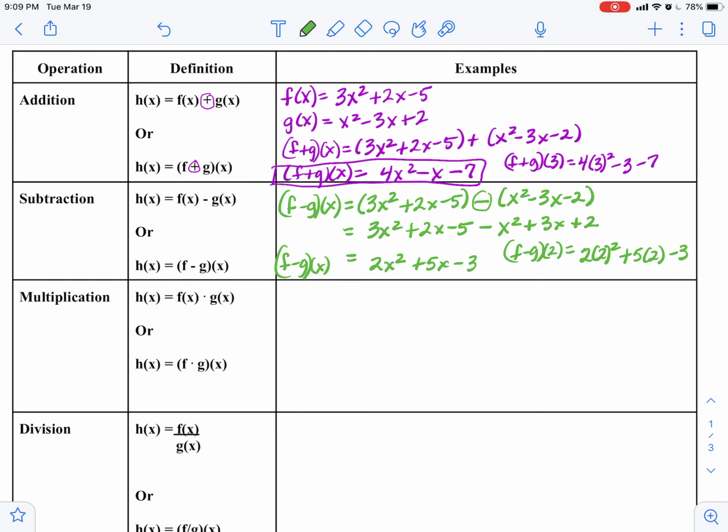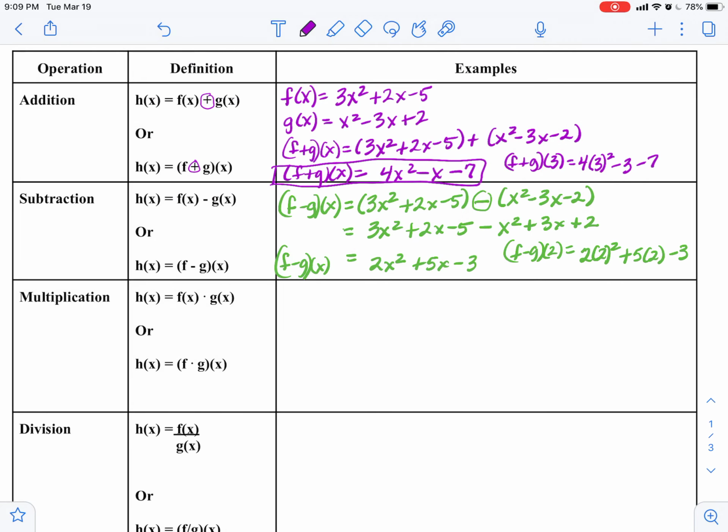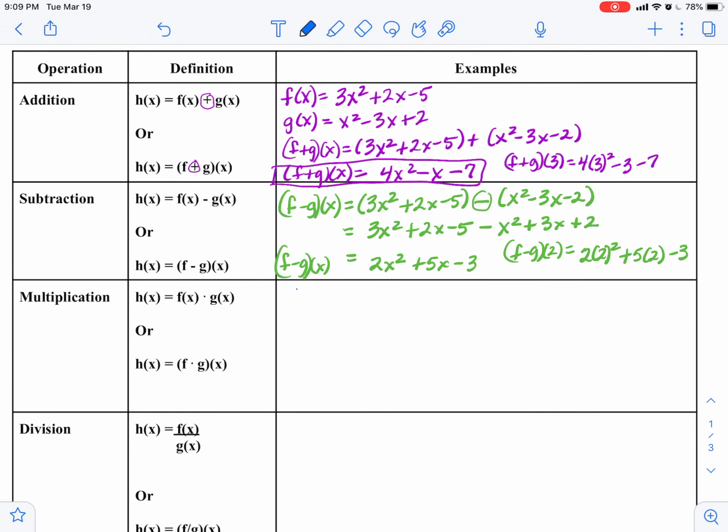I am going to switch to a different problem, to make multiplication a little bit easier, so we don't have to do a trinomial times a trinomial. Let's make f of x x plus 2 and g of x x minus 3. We'll give you something really easy.